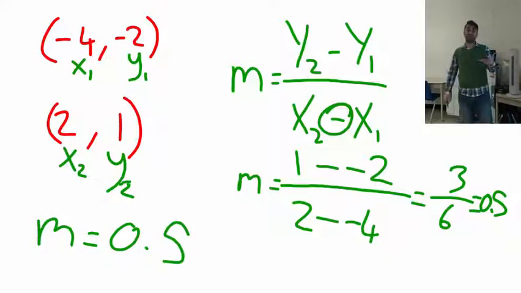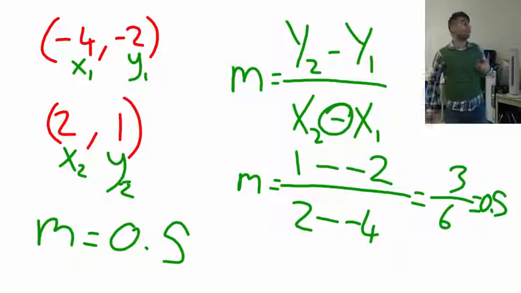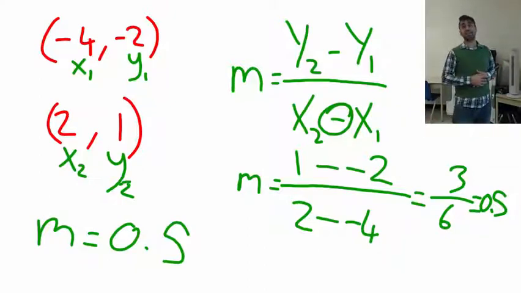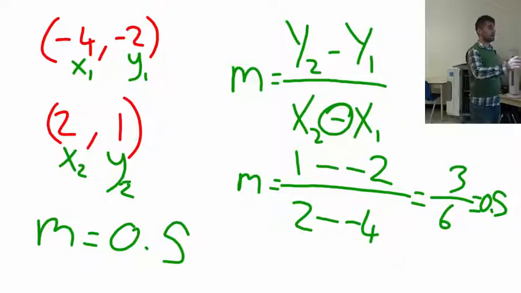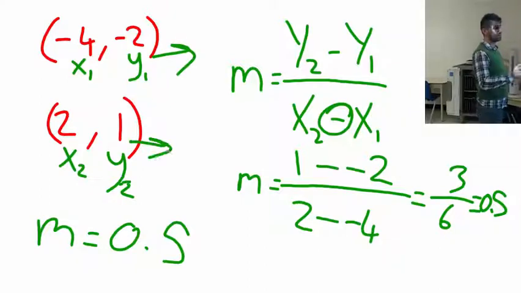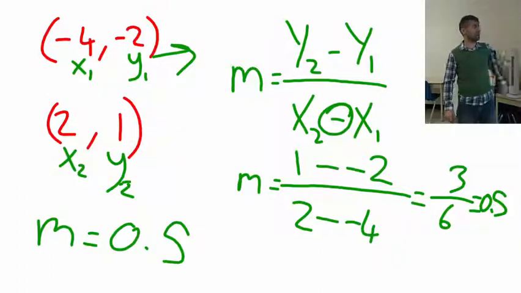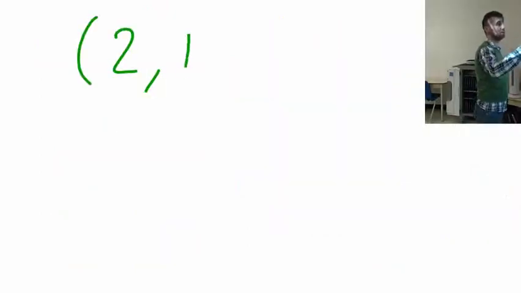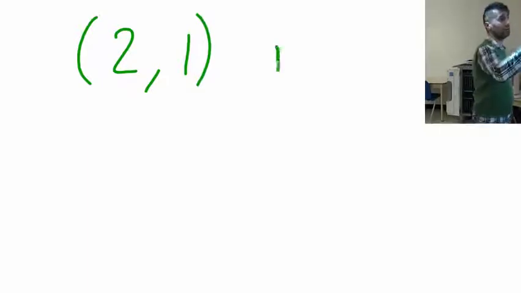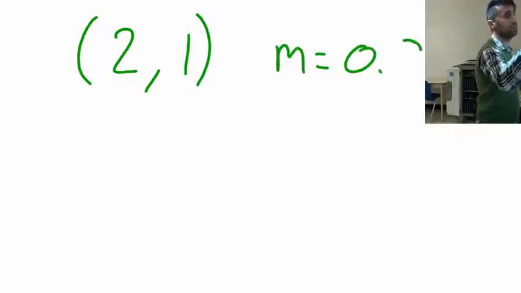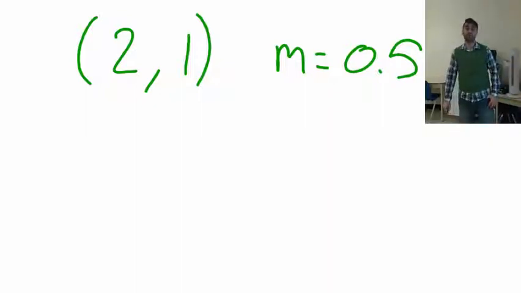To find the y-intercept b, I need to pick any coordinates, just one of them. I can pick this one, I can pick that one, but this one has small numbers, 1 and 2. I like to deal with that one, so I'm going to pick that one. Let's open another page and write down the coordinates. I picked (2, 1), and the slope, I remember, was 0.5. Now from this, I am going to figure out the intercept of the equation.